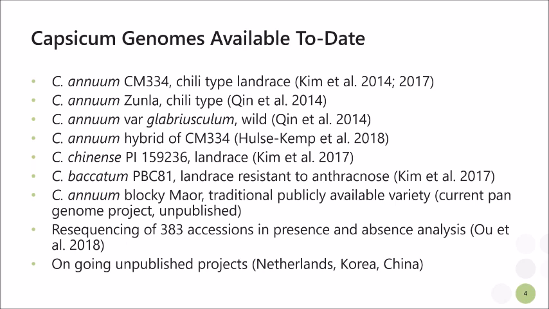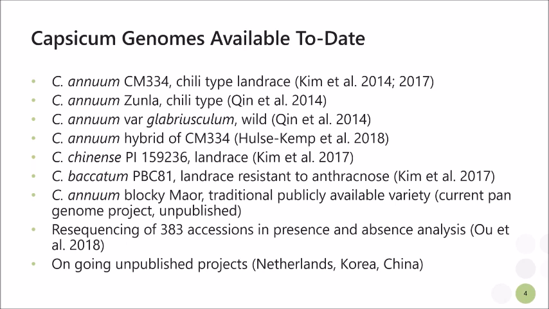These are all annuum, and in addition, we have one accession of C. chinense, which is a landrace, again published in the paper of 2017, and Capsicum baccatum, a landrace which is resistant to anthracnose. Now, within the current pan-genome project, Maor, which is publicly available, a blocky type, has been sequenced, and the results will be shown later in this presentation.